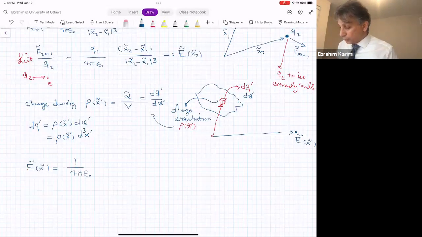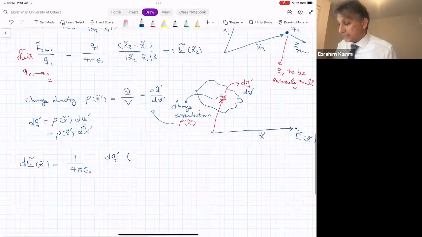Due to that small charge dq prime, the electric field will be given by dE, which is a small contribution due to the small charge dq prime. And then we write the vector. We are calculating the field at position x, and the position of the charge distribution is x prime. That will be x minus x prime, divided by the magnitude of x minus x prime to the power of 3.